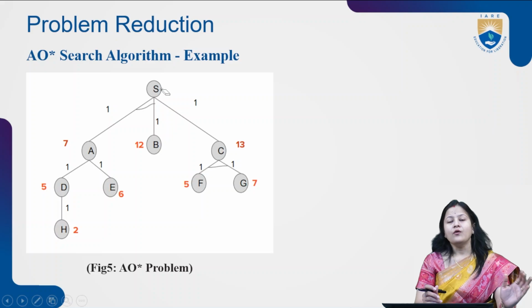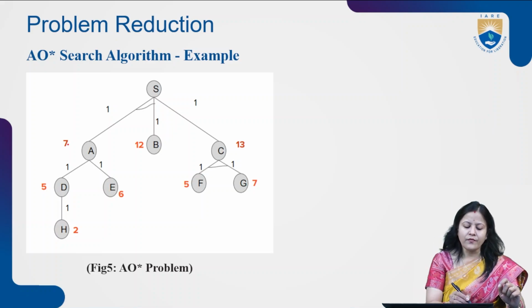Now the values in red color numbers are the heuristic values. Heuristic value means the estimated cost from the current node to the goal node. So here the heuristic cost of A is 7, the heuristic cost of D is 5, the heuristic cost of E is 6, like this. All these numbers are called heuristic values.